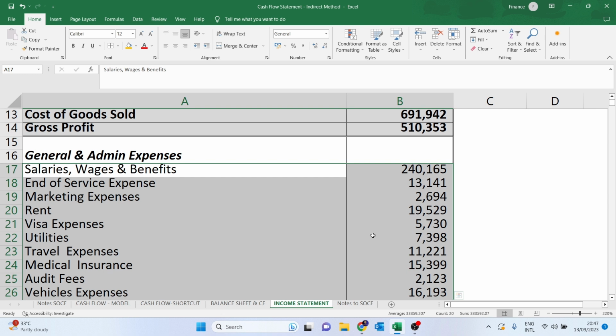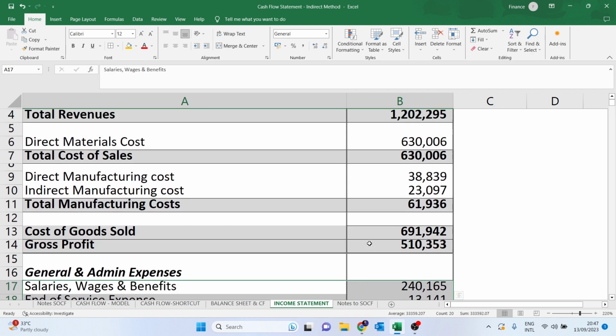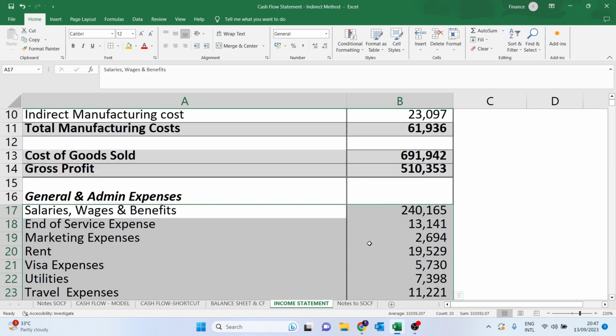For example, selling of a fixed asset, selling of a computer, that is unusual, because our job is not selling computers. Instead, we have a product for sales in the operations.